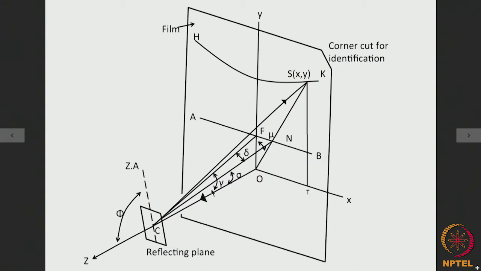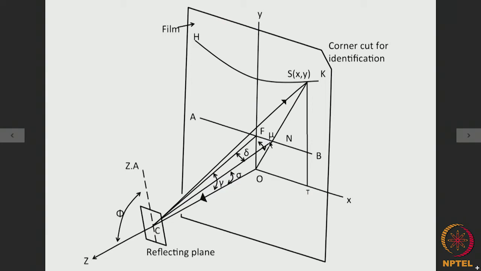So, we have a situation where if we draw the perpendicular or the normal to this plane Cn, then Cn will be tilted about this axis by an angle gamma, and it will also be shifted by an angle delta from this central location.